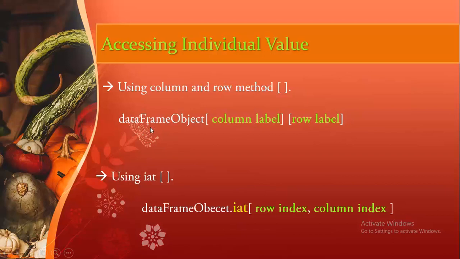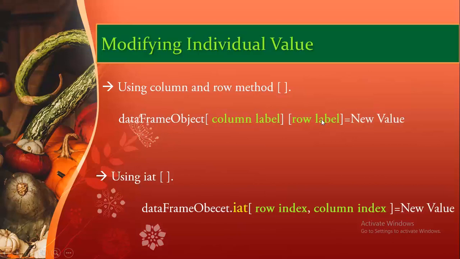That is data frame object, then column label and row label. Similarly, if you want to change an individual value, you have the column label, then row label, equal to the new value. I will change the value of the data frame using these two methods, iat and the column and row label method.